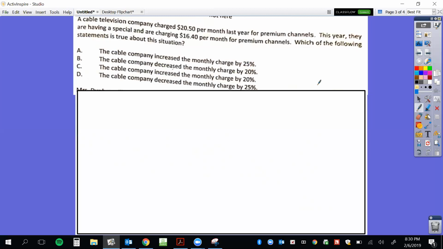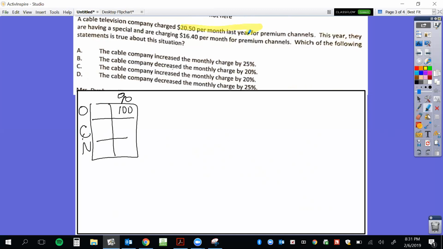So again, if I draw my OCN box, put my 100, let's put the numbers that it told me. So it said last year it was $20.50, but it says this year it's $16.40 per month.